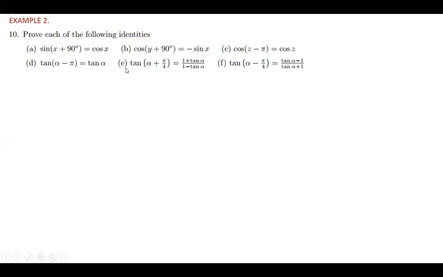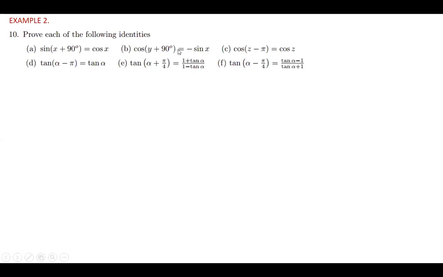That applies for all the questions that you're going to be meeting. So for this pi, you know that pi is nothing but 180 degrees. So it's up to you if you want to use it as pi, or as 180. Then pi over 4 is nothing but 45 degrees. So this is alpha plus 45 degrees. Just as simple as that.